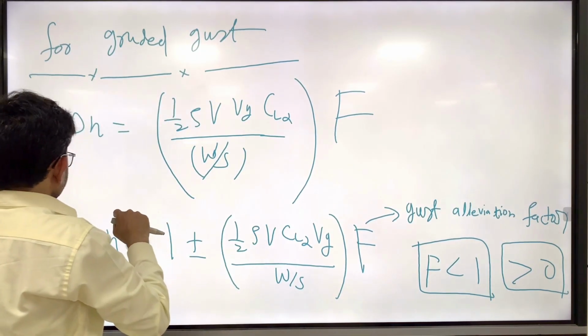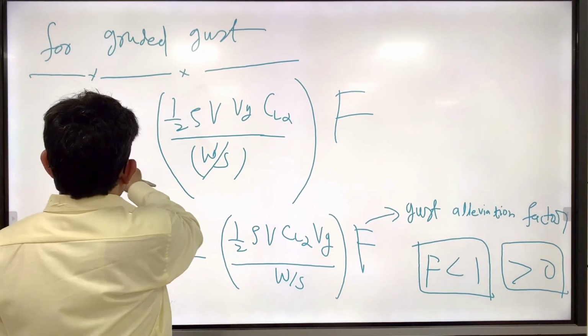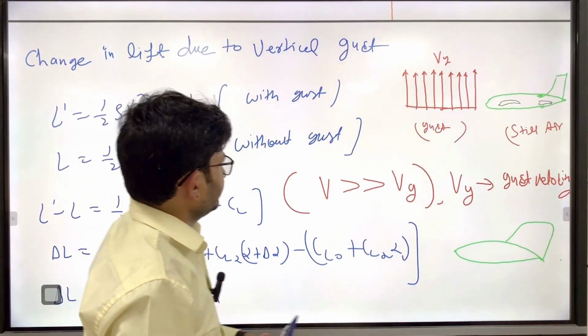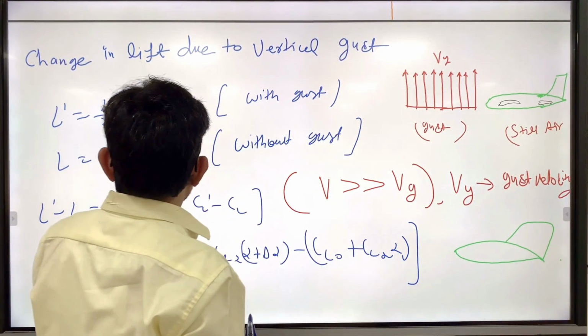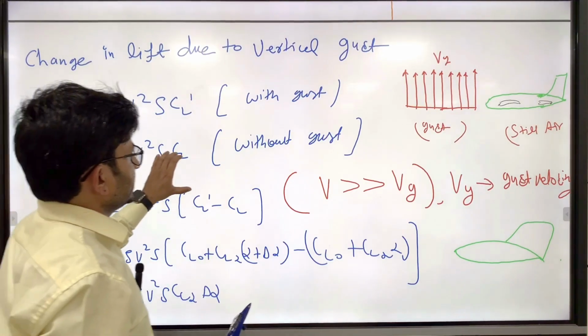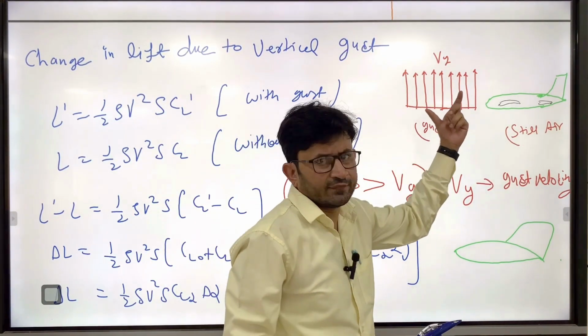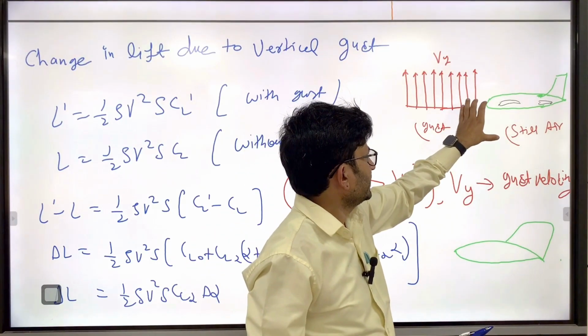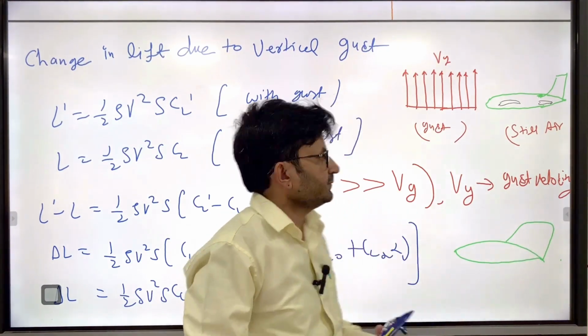So we'll discuss how we have obtained this change in load factor. We'll try to derive what amount the load factor will change due to the gust. First we'll take this gust and multiply by some kind of factor in order to convert the sharp edge gust into the gradient one.